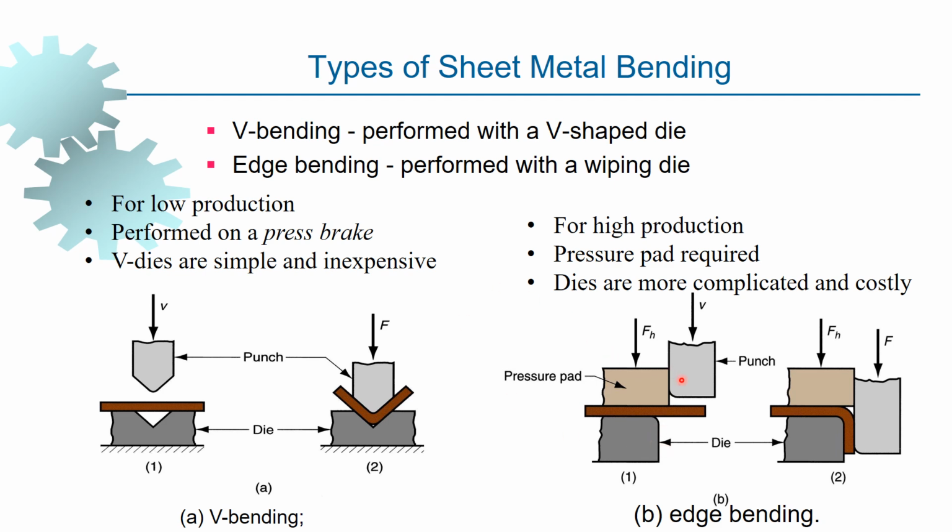A sufficient clearance should be selected in such a way that there will not be any shearing, and the material will undergo only a bending operation. So when the punch descends, what happens? Material will undergo plastic deformation, compression takes place, and we get a square shape which is called edge bending.